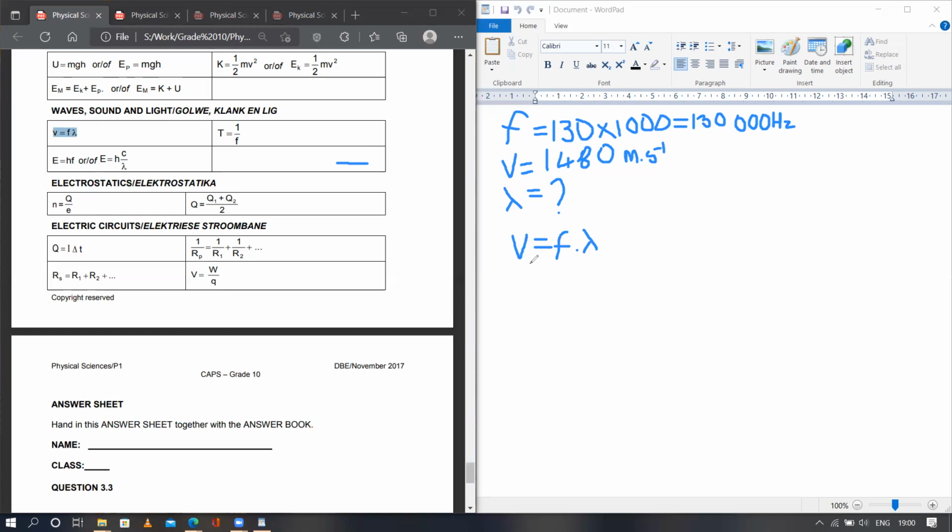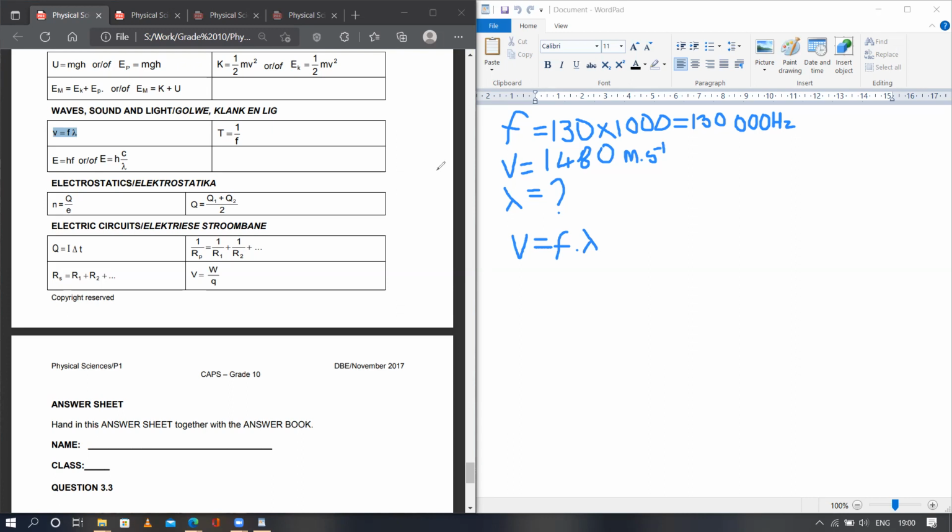I mostly prefer that you make the variable you're looking for the subject of the formula to make it easy for you, because when substituting and then manipulating the values, sometimes you can get the wrong answer, or your units might be a bit off.